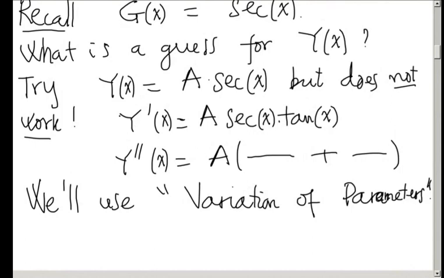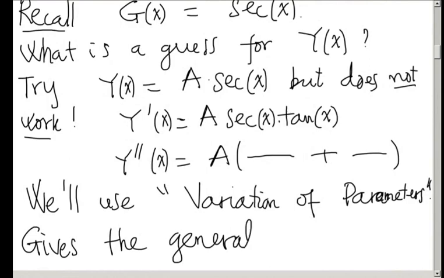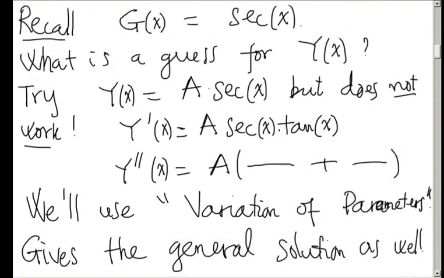In fact, we don't go through the separate step of finding capital Y. From the general solution, we'll have the format c1 y1 plus c2 y2 plus something, and that something would be capital Y.